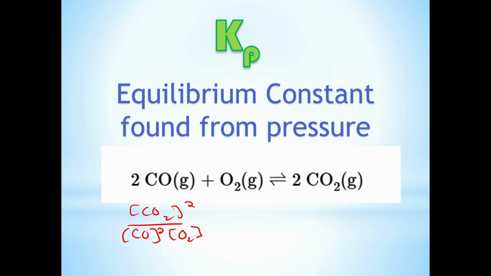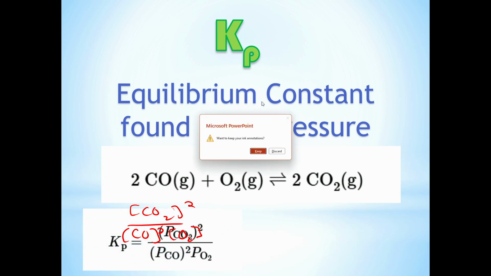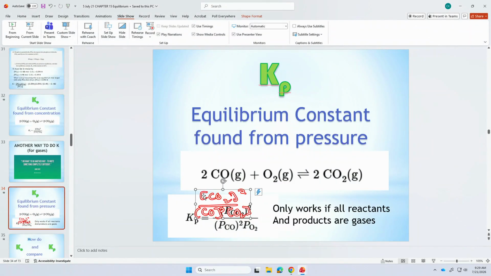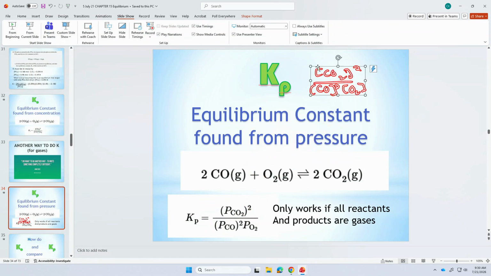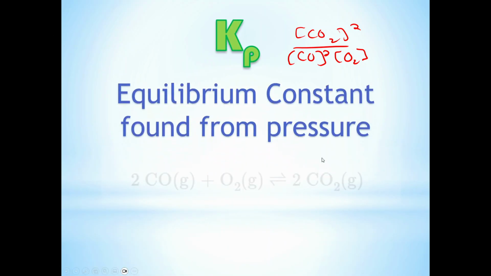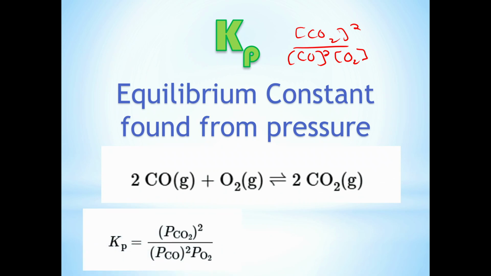I'm simply going to replace every one of those concentrations with a partial pressure. I now have Kp equals pressure of CO2 squared divided by pressure of CO squared times pressure of O2.